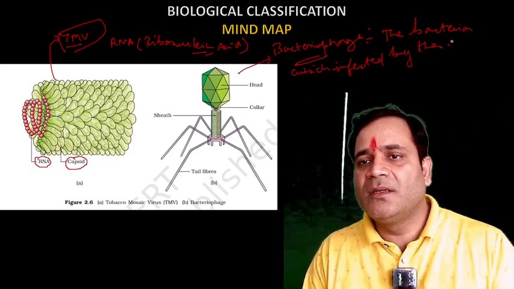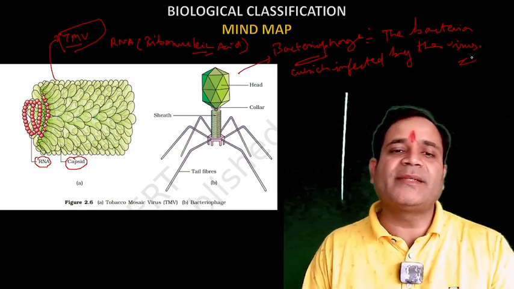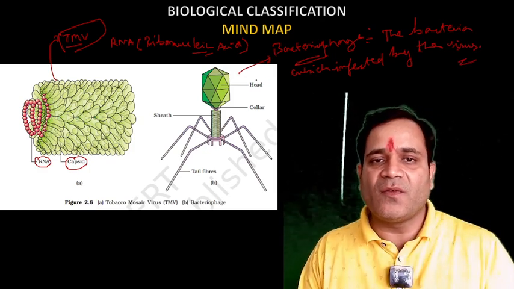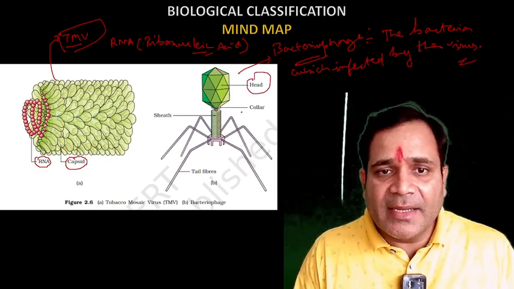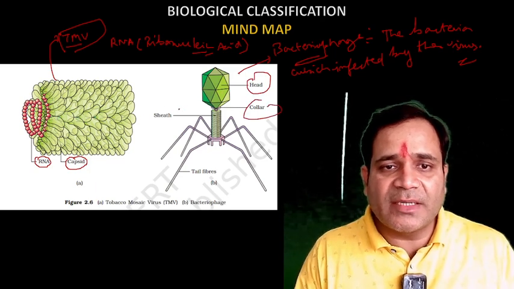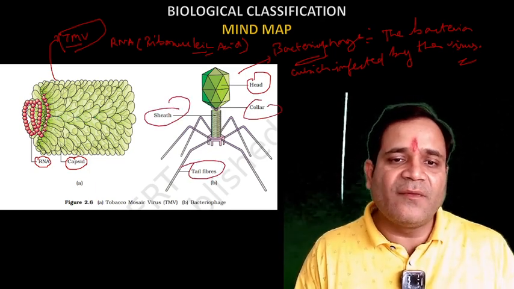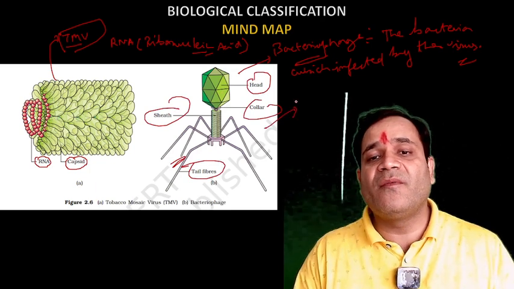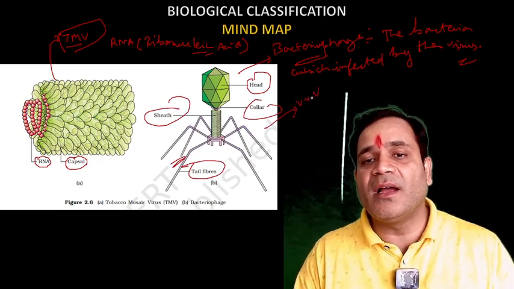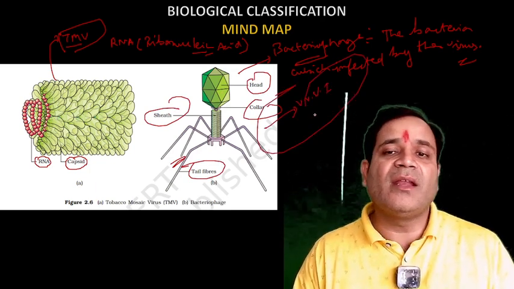By the virus. So that's why I'm saying bacteriophage. See here, this is the head, this is the collar, this is the sheath, and this is the tail fiber. This diagram is very, very important. VVI, my dear. Clear?